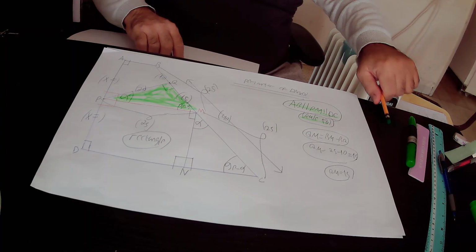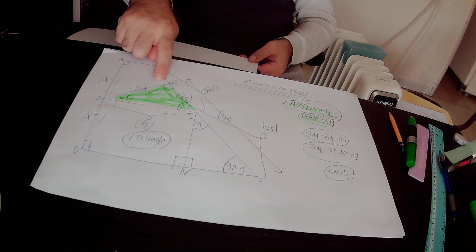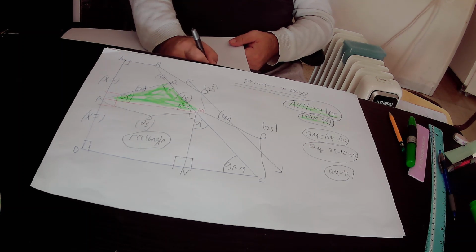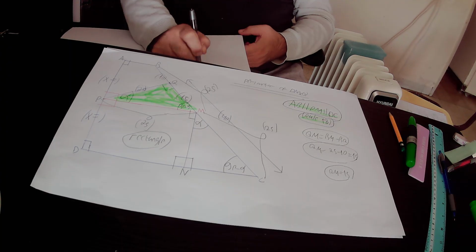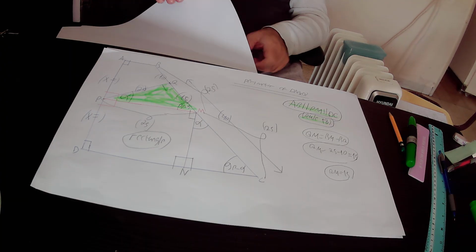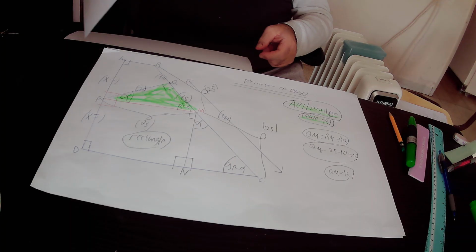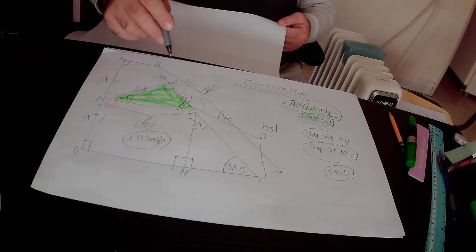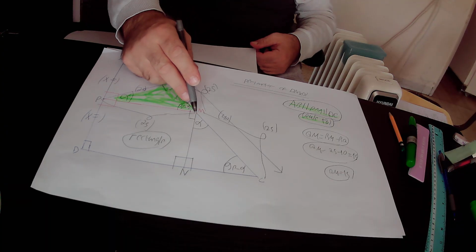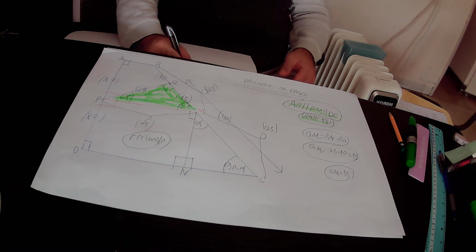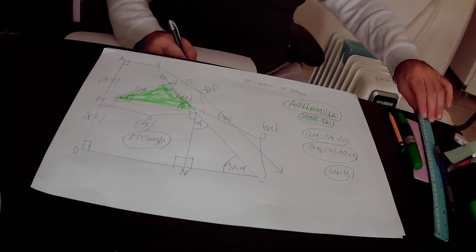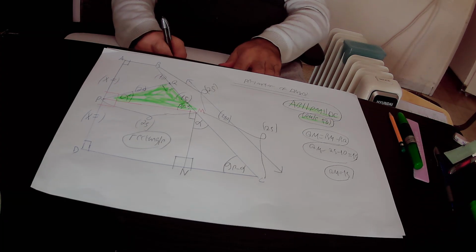We shall prove that the green right triangle QPM is congruent, this is the sign of congruent, to this lower right triangle MNC according to the angle side angle rule.